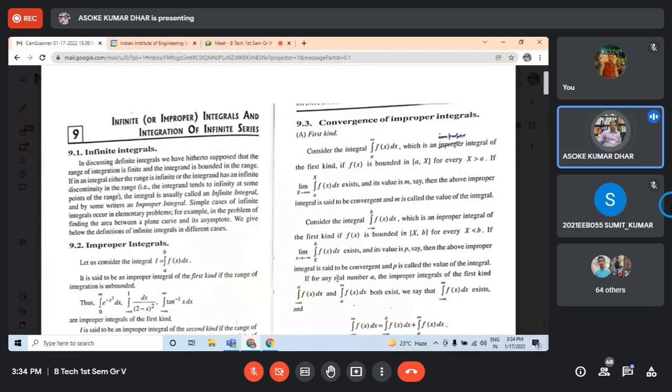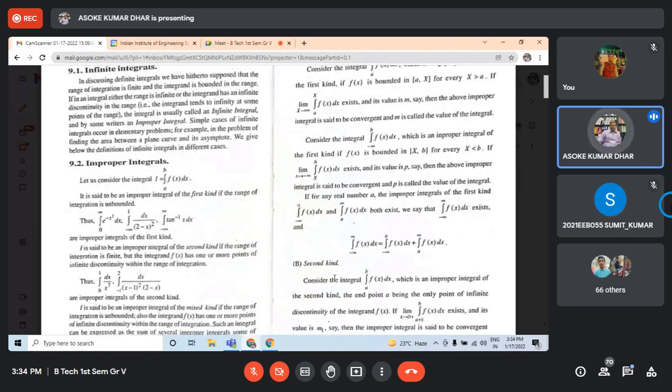So this is the procedure. Do not take the limit first. First you integrate the integrand within the range a to capital X, then take the limit as X tends to infinity, and test whether it is finite or not. If it is finite, then it is called a convergent improper integration of the first kind, otherwise divergent.